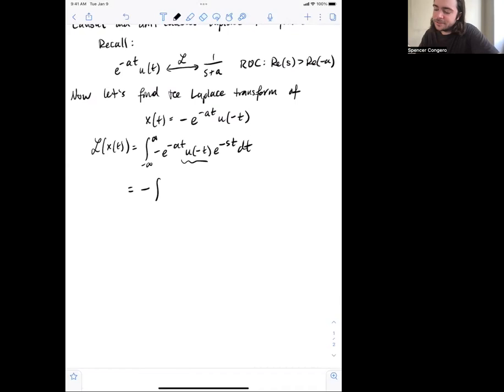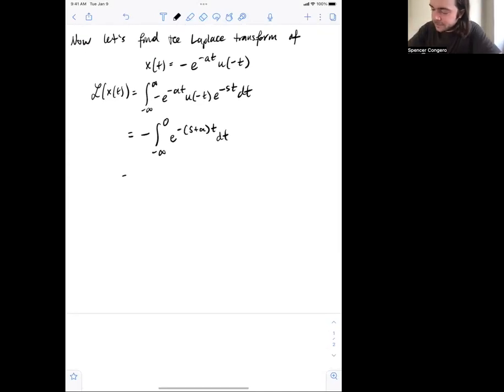So now this equals 1 when t is between negative infinity and 0, and equals 0 when t is between 0 and infinity. So since it equals 0 when t is between 0 and infinity, that's just going to zero out this entire integrand. I might as well not integrate over it. I'll just go from negative infinity to 0. That's where u of negative t equals 1. And what am I left with? I'm left with e to the negative s plus a t dt.